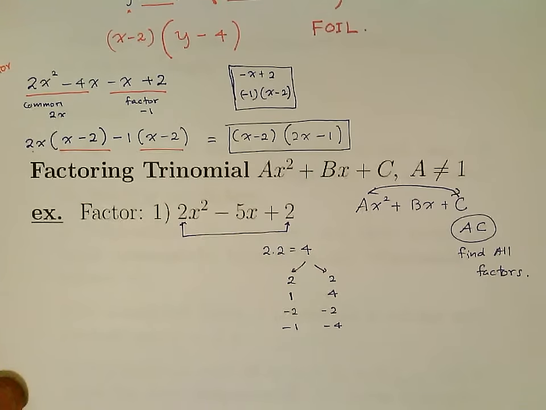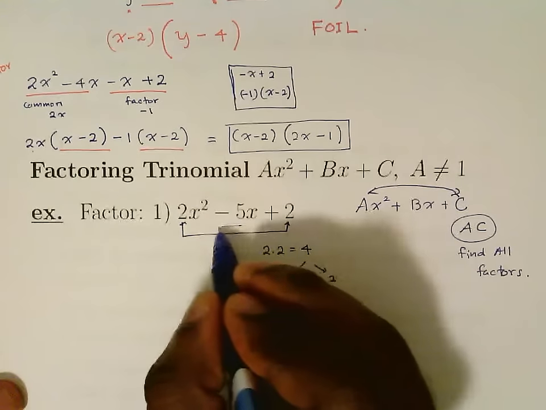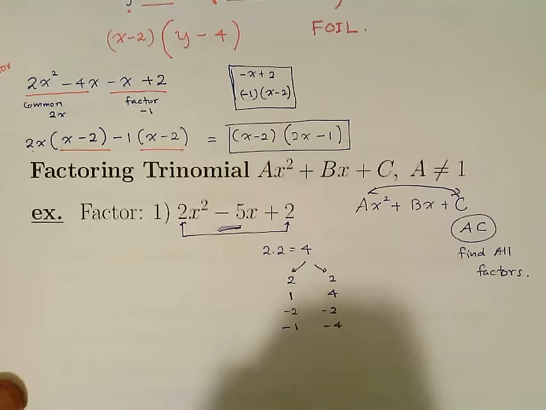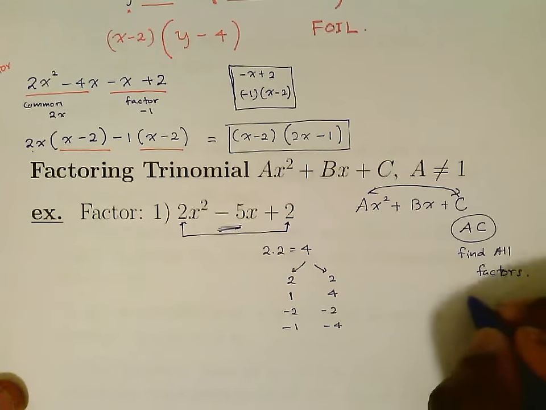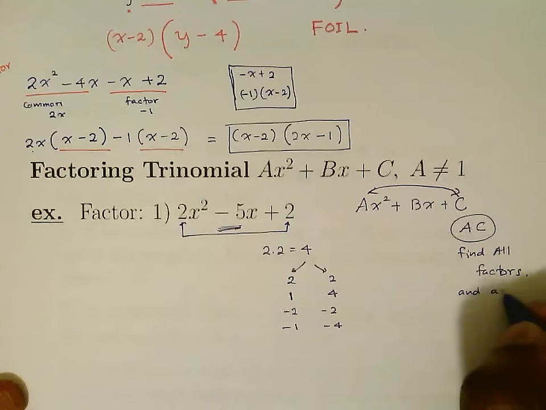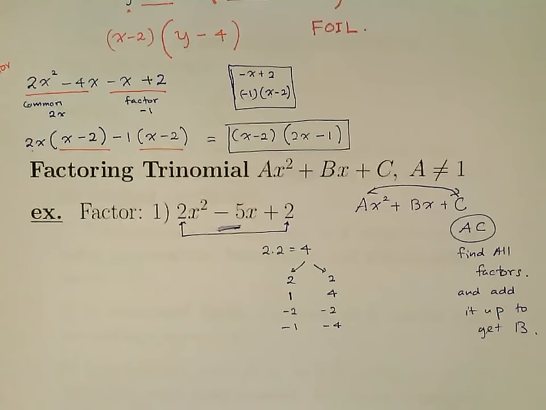Okay. Now, you add them and see whether you get this number. So find all the factors of AC and add them up to get B. Now this is something you have to keep on practicing.